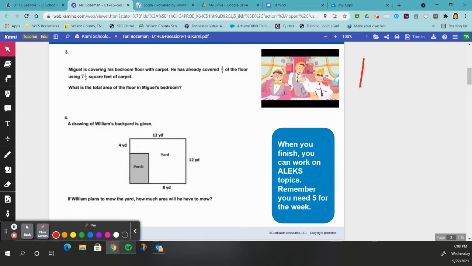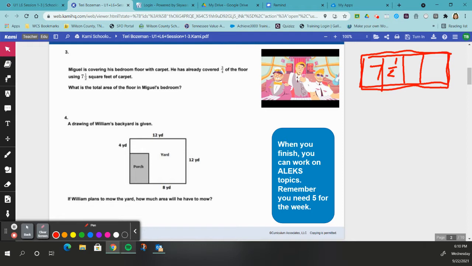So if we have a carpet and we've done 3/4 of that, and that was 7.5 square feet, we can figure out how much the total area is if we divide. So we have 7.5, and that was 3/4 of the carpet.